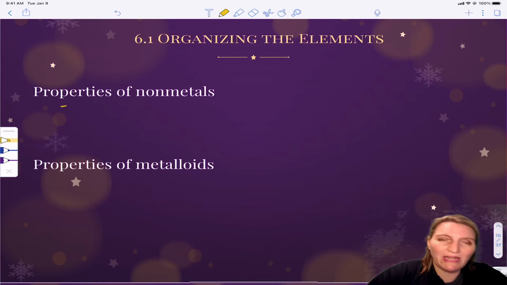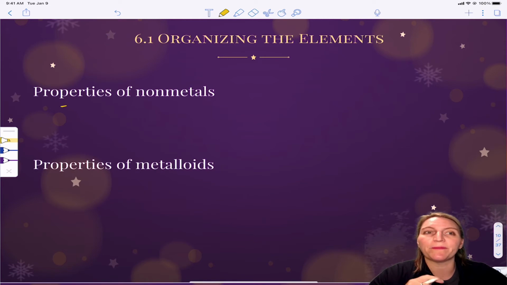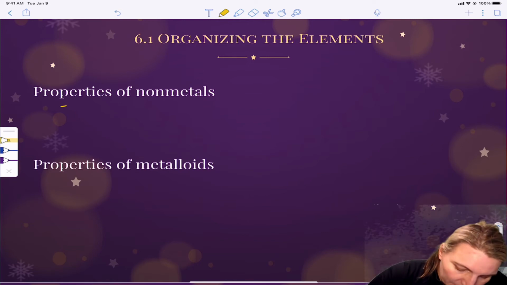So first thing you may notice, you may know already, is that instead of metals being all solid at room temperature except for mercury, the nonmetals can be many different states of matter. There's many of them that are solids at room temperature, many of them that are gases at room temperature, and there's even one, bromine, that's a liquid at room temperature.